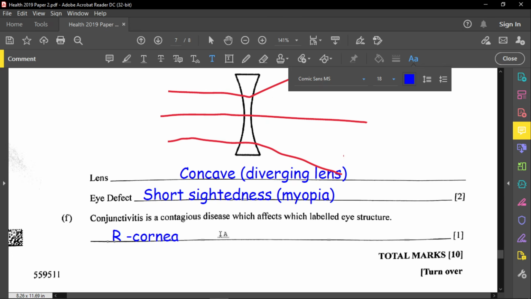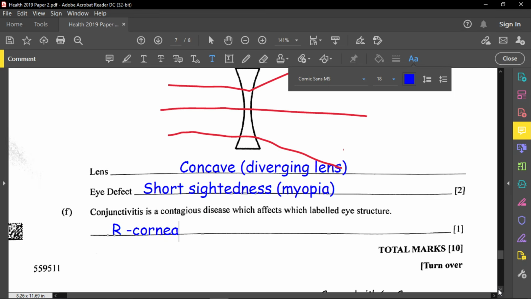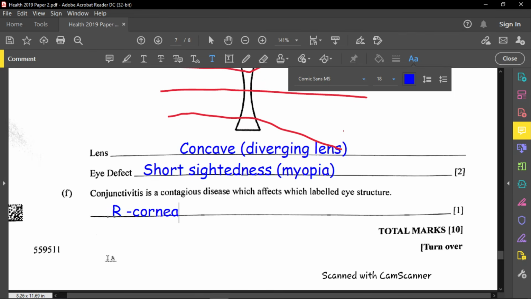But I'm going to make something clear right here. Okay. The first part to be affected by conjunctivitis is the conjunctiva. The conjunctiva is that layer above or on the cornea. Okay, so that's the first part to be affected. Then once it becomes irritated and affected, then it is also going to affect the cornea as well, right? Just to make a note of that. So let me tell you what conjunctivitis is. All right, let me quickly do that before I move on to the next question.